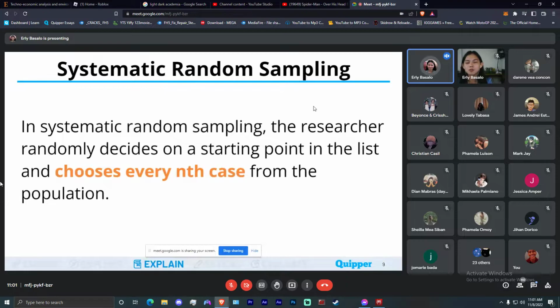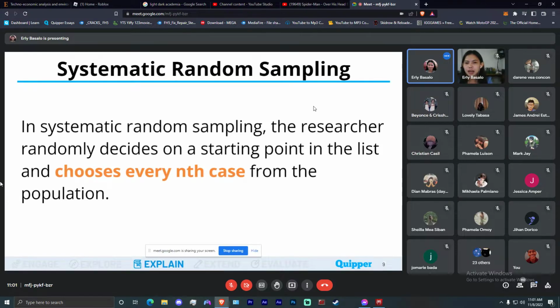So for systematic random sampling, the researcher randomly decides on a starting point in the list and chooses every nth case from the population. For example, in a classroom, we can apply systematic random sampling. You count 1 to 5 in a classroom.